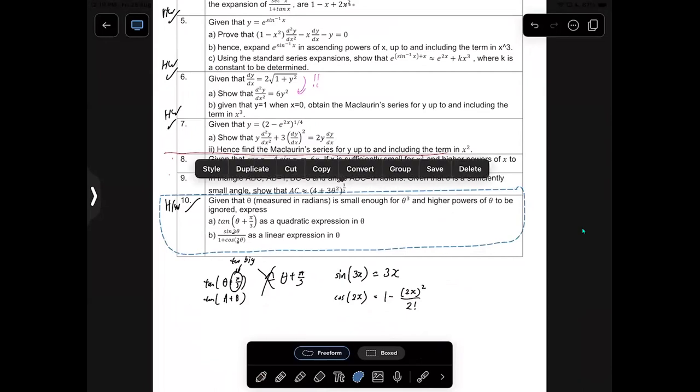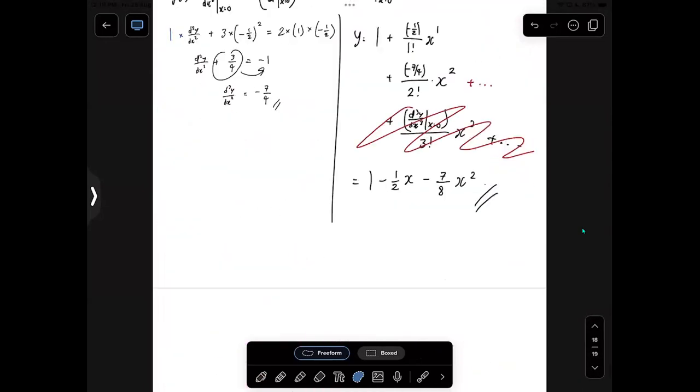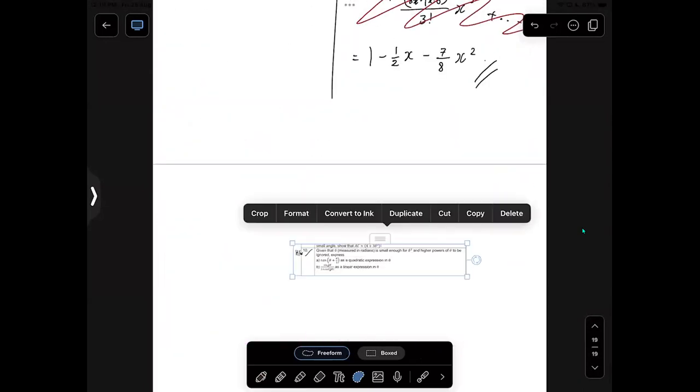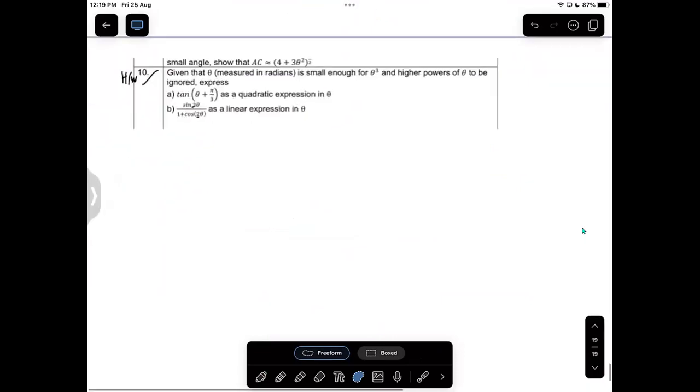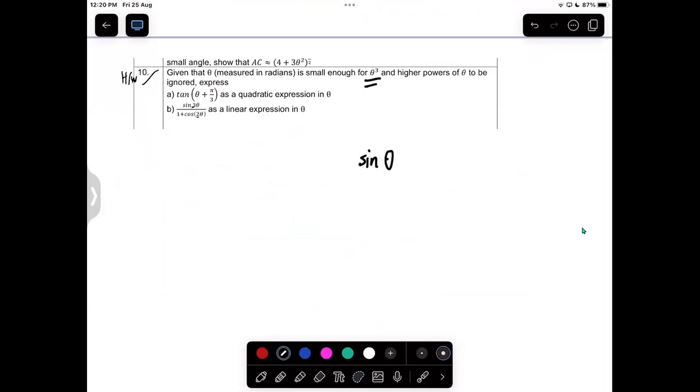So here, we got what? Let's see. Theta is measured in radians, small enough so that theta cubed and higher powers of theta can be ignored. So this is basically telling you that sine theta is approximately theta, tangent theta is approximately theta, cosine of theta is approximately 1 minus theta squared over 2 factorial, which is 2.